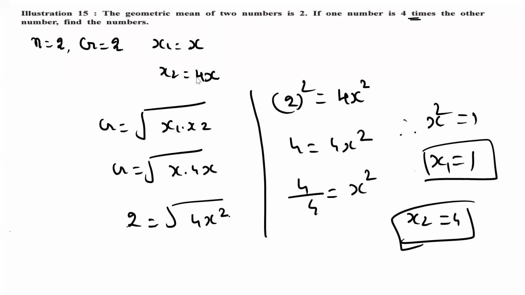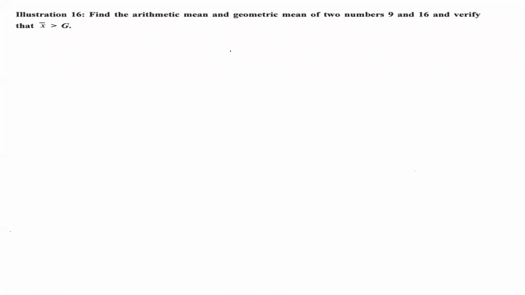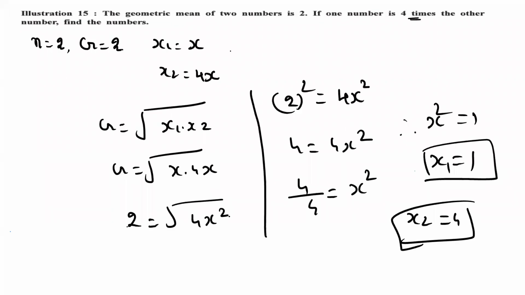It is a very important question. The square we have done on the opposite side, that is 4 is equal to 4x square. 4 divided by 4 comes 1. So x1 is equal to 1, x2 is 4 into x, that is 4 into 1, we get 4 as the answer. Okay, 16 we'll do afterwards. So friends, up to here we have completed. Just practice this up to here. Thank you.